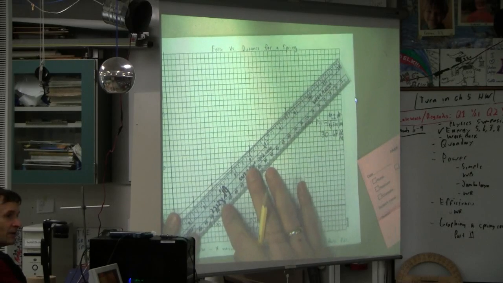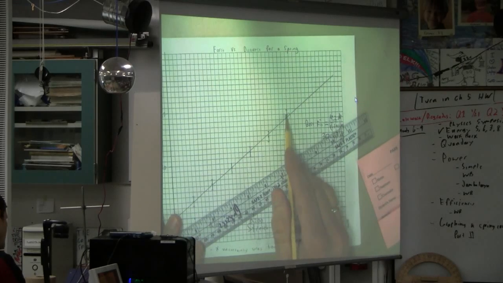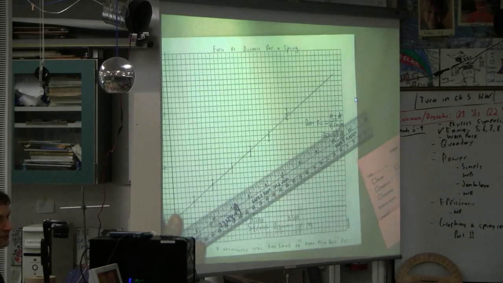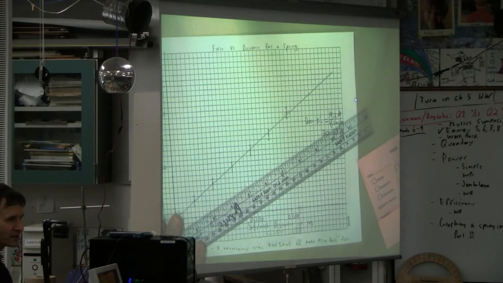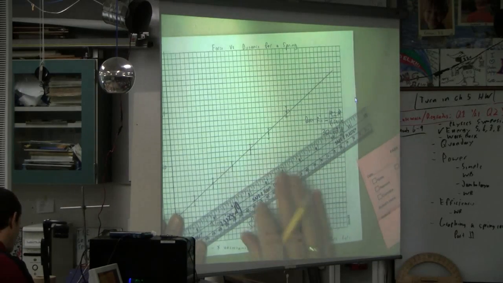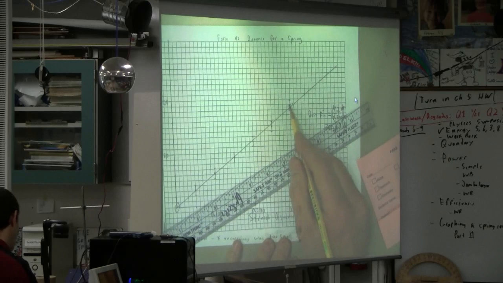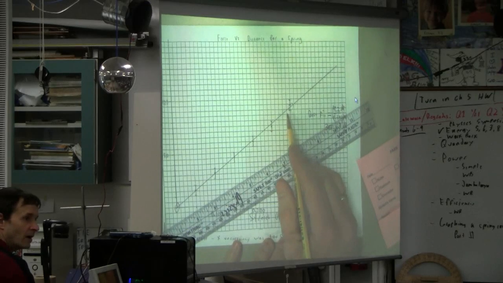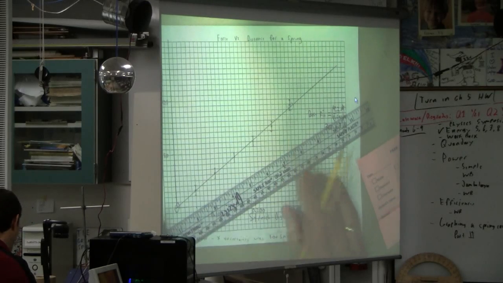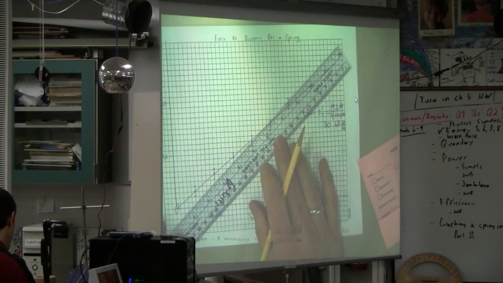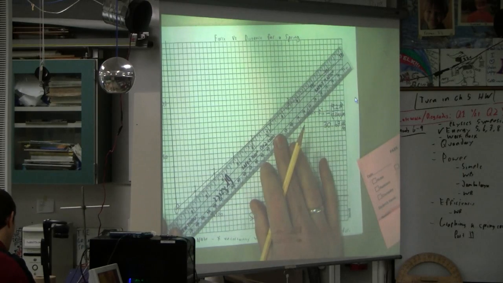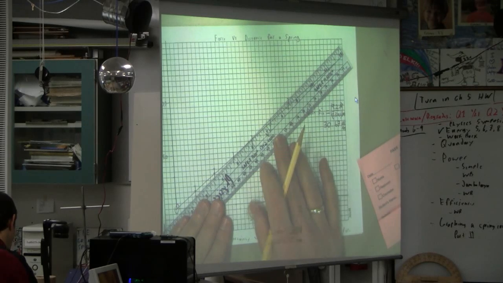IB wants us to, unless the first or last point is an outlier, and we could argue that this point seems to be kind of an outlier, but I don't think you can say that it's necessarily an outlier. Right? It could just be error. In other words, this guy looks like he's high for the rest of the points, doesn't it? Right? But what IB wants you to do is use exactly the first and last points, error bars. So the bottom of this error bar, top of that error bar, yeah?